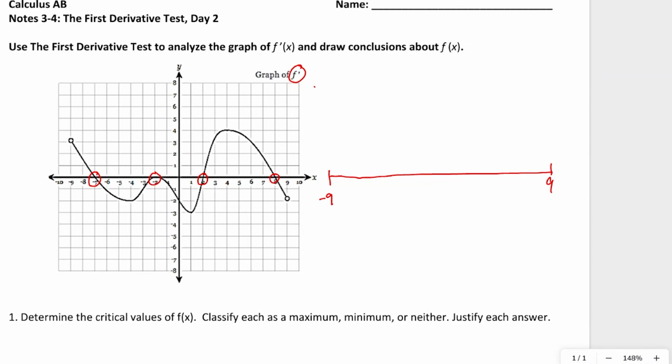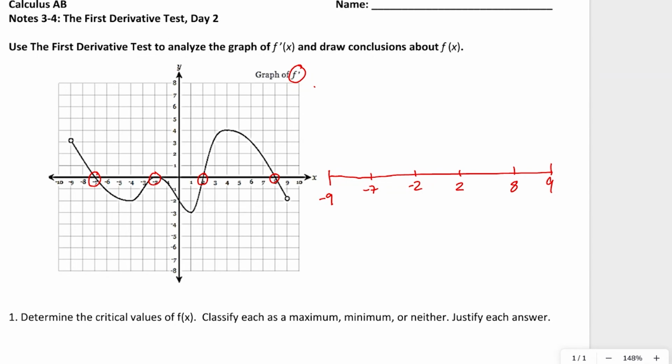So anywhere where we see these x-intercepts, those are your critical values of the original function f. So those are going to be the numbers I put on this number line to partition it out and split up the domain into intervals where we can decide if it's increasing versus decreasing.